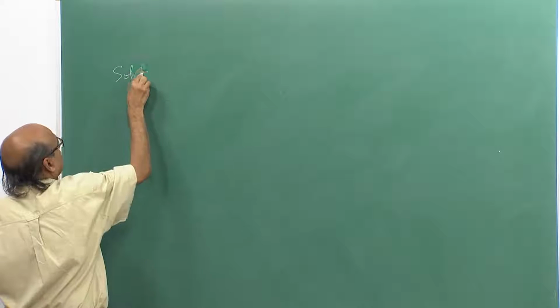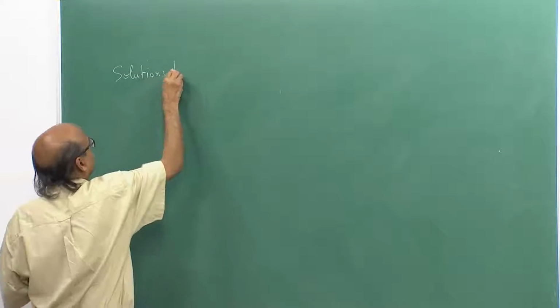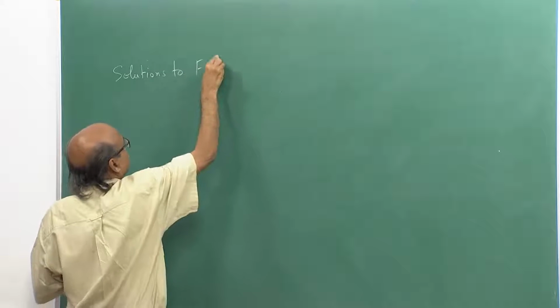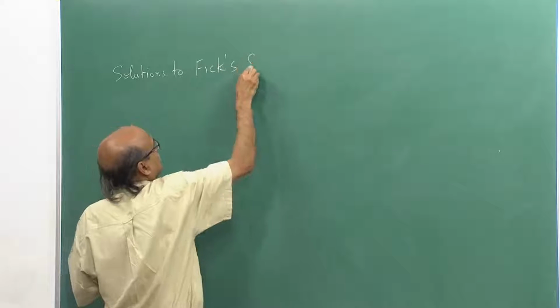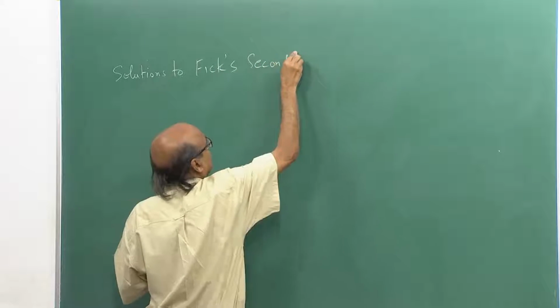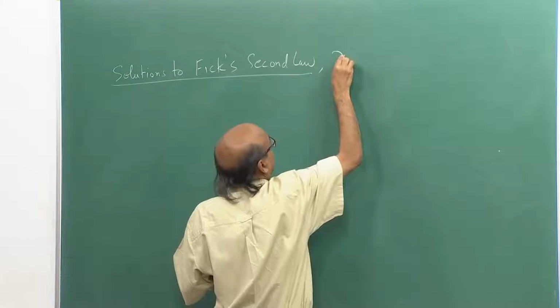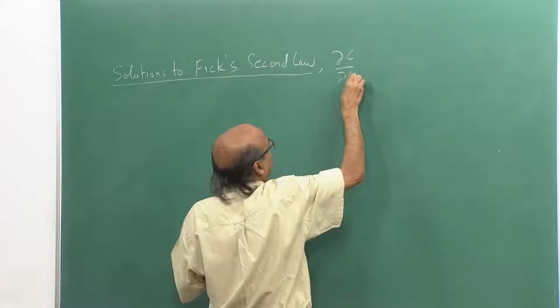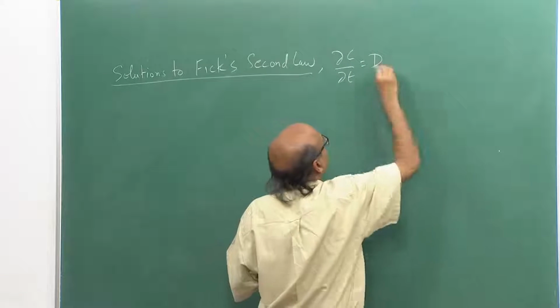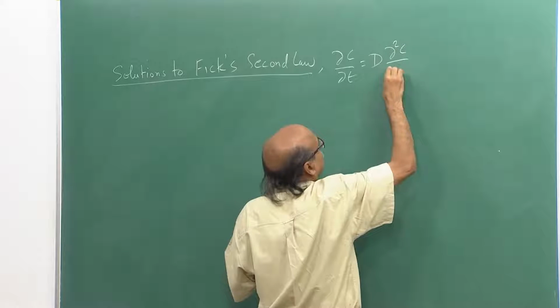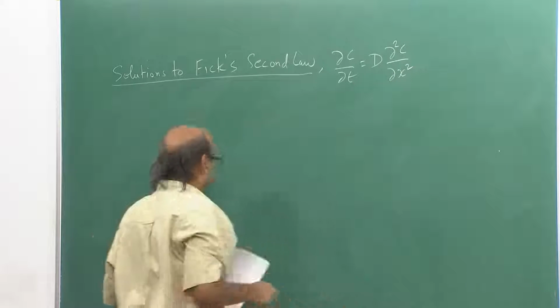So, let us look at solutions to Fick's second law, which is del c by del t is equal to D, the diffusion coefficient, times del square c by del x square.